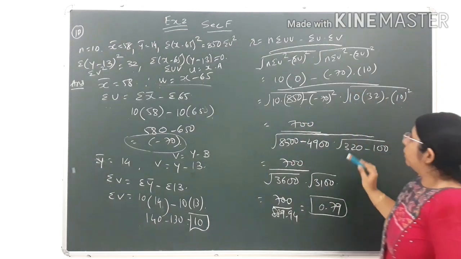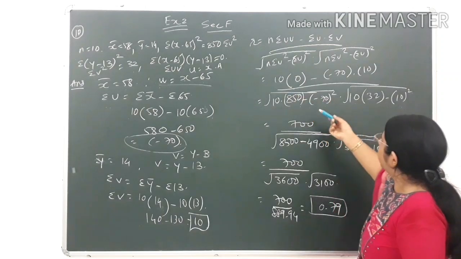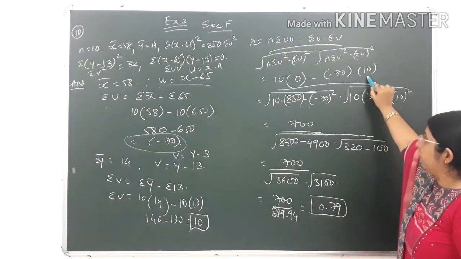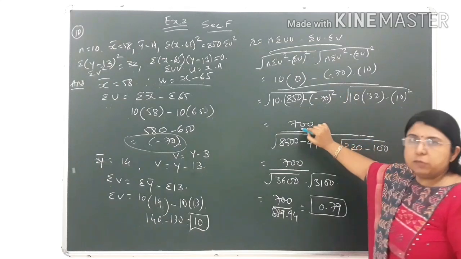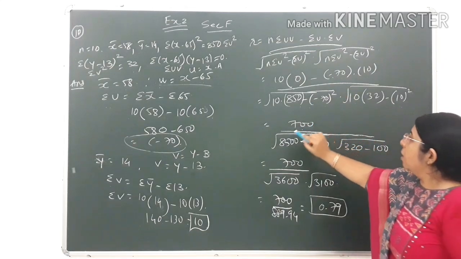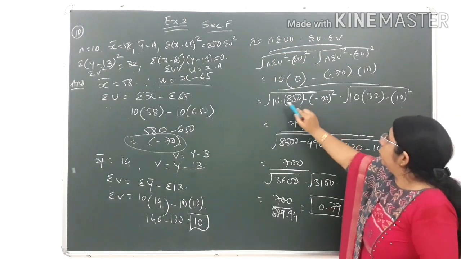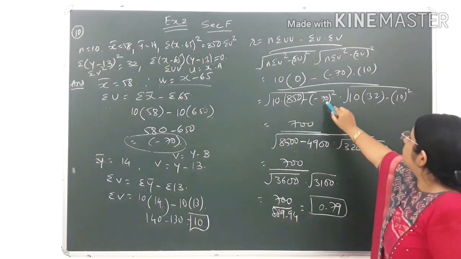Okay, now after placing all the data, we have to do the calculation. So 10 into 0 would come to 0, and over here 70 into 10 would come to 700. But negative will become positive, so I have written over here plus 700 in the numerator. In the denominator you can see 10 into 850 would come to 8500 minus 70 square.